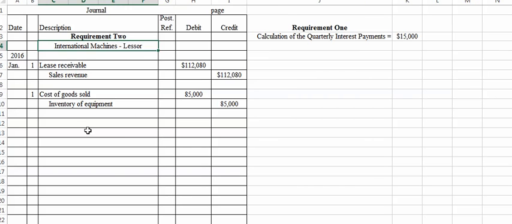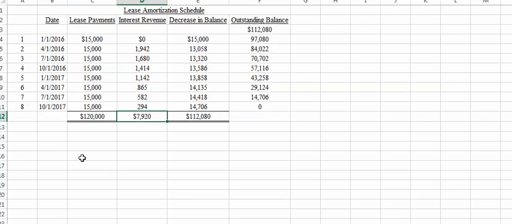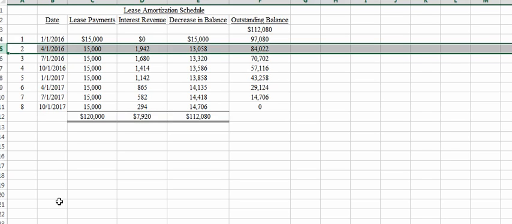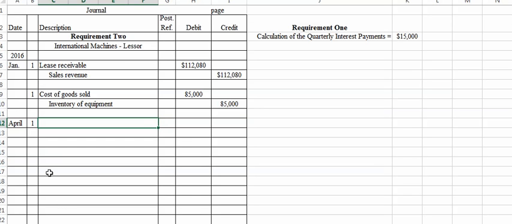Okay, so they want us to make the April 1st, 2016 entry. Well, you guys, you should be accustomed to this by now. We'll just go to our April 1st row here. Oh, but we're not quite there yet, though, right? We didn't take care of the January 1st payment that was received. Sorry, I'm trying to get ahead of myself there.